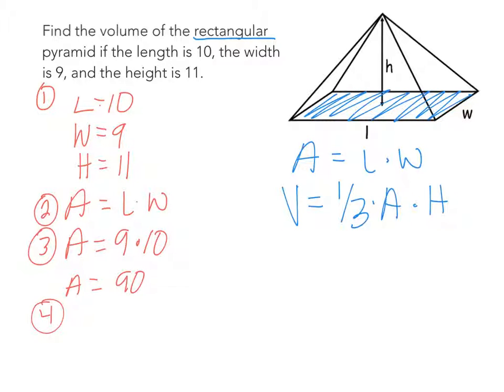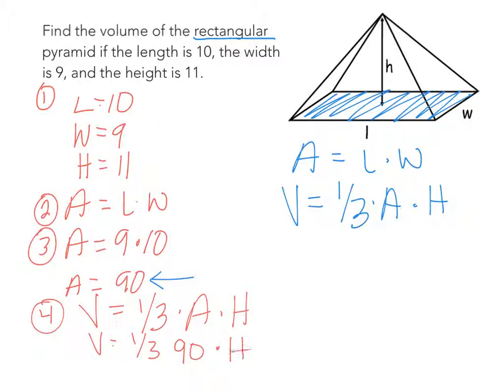So step 4, volume equals 1/3 area times height. So now I'm going to plug in what I found in my previous step, which was that the area was 90. So volume equals 1/3 90 times the height.